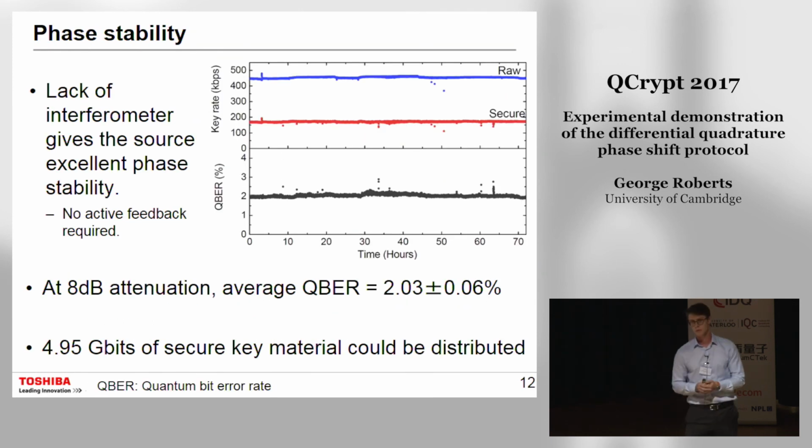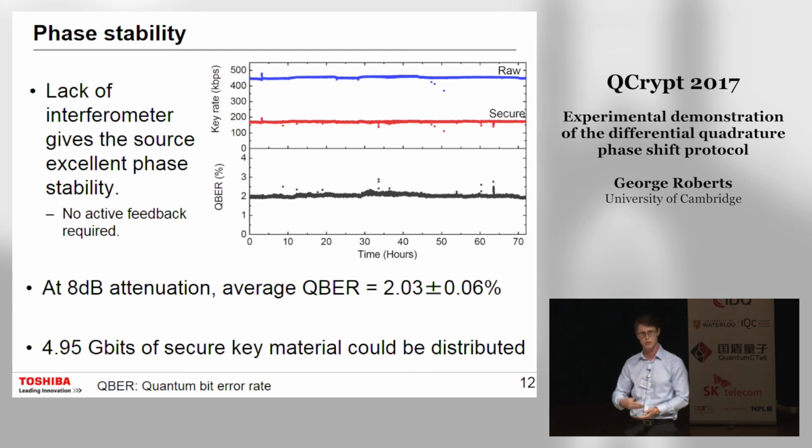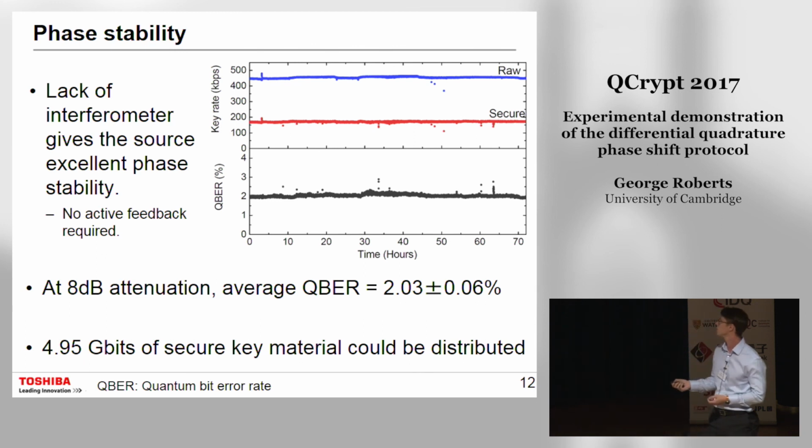I mentioned before that because we don't have an interferometer, we can make a much more stable transmitter. So I show this here. I independently temperature control the master laser, the slave laser, and the Mach-Zehnder interferometer, and then set the system running for 3 days, continually measuring the QBA and the raw count rate. As you can see, it's so stable.